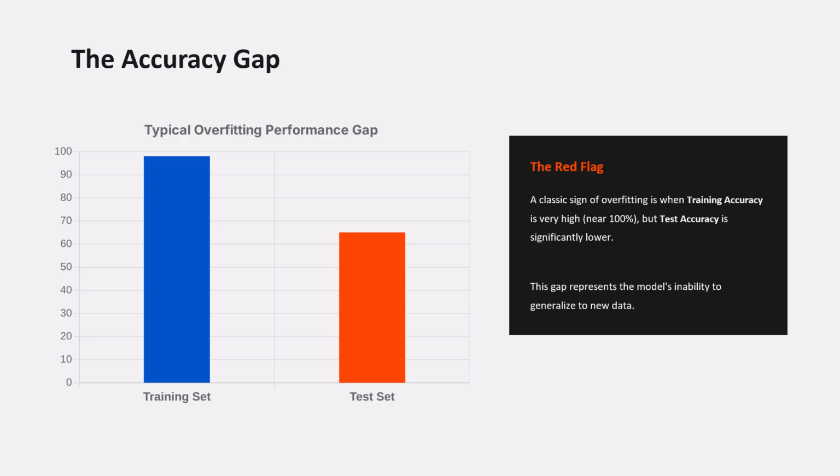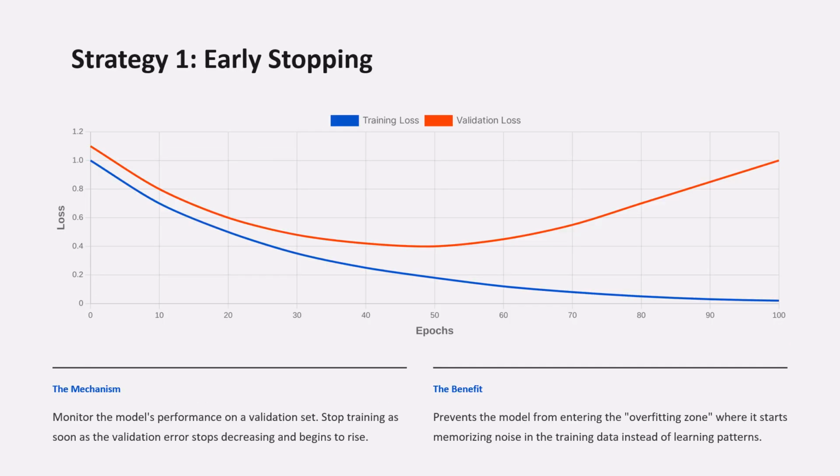So we need strategies to close this gap. The first one is about when to stop. We call it early stopping, which is strategy one. Early stopping is a simple yet very powerful technique to prevent overtraining. Remember, overfitting begins when the model learns all the noise. So we monitor the model's performance on a separate validation set as it trains.